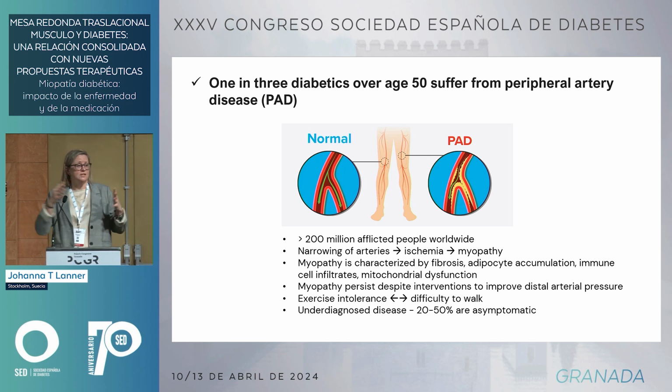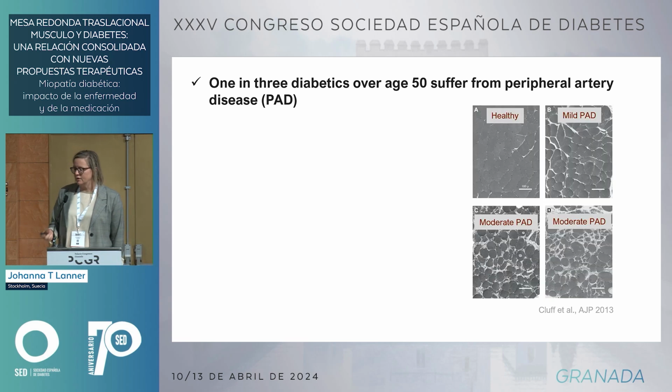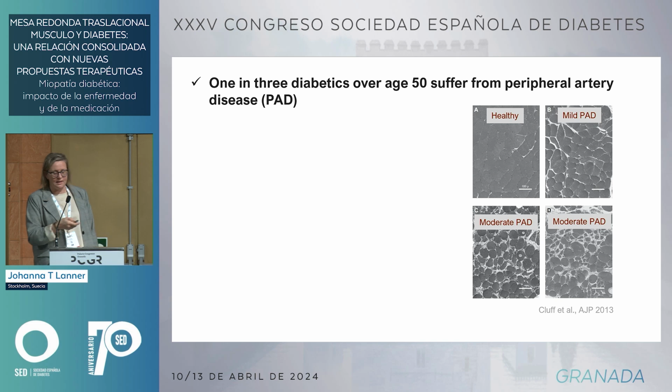Also, of course, the severity ranges widely here. What's been known is that depending on how severe this disease is, you will get more and more negative impact on muscle.